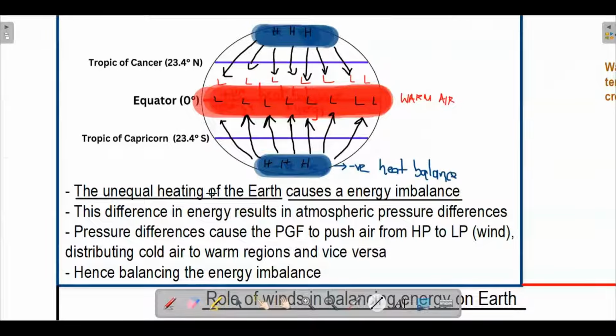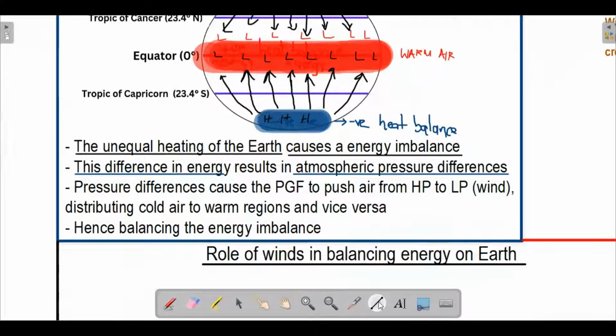We're saying that the unequal heating causes an energy imbalance. And then this difference in energy results in atmospheric pressure differences. We talked about that. The difference in energy resulted in the equator having an area of low pressure because you had warm air there. It is too hot, so it rises up, leaves an area of low pressure, and an area of high pressure at the poles because you have cold air, right? And pressure differences cause the pressure gradient force, the force that pushes air to move and causes wind, right?